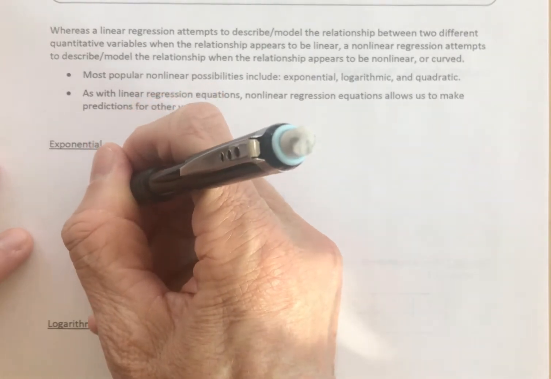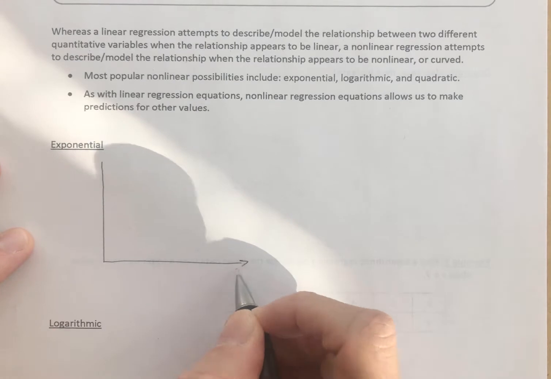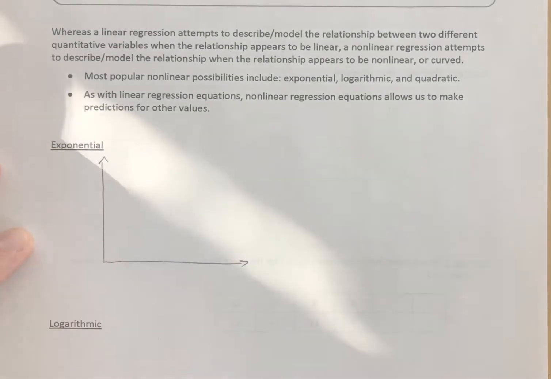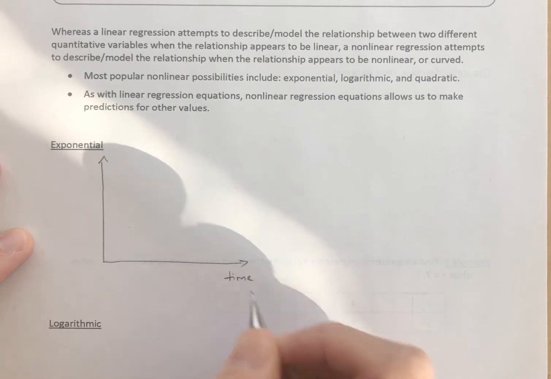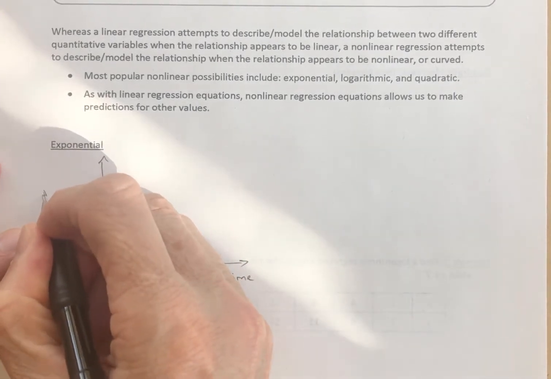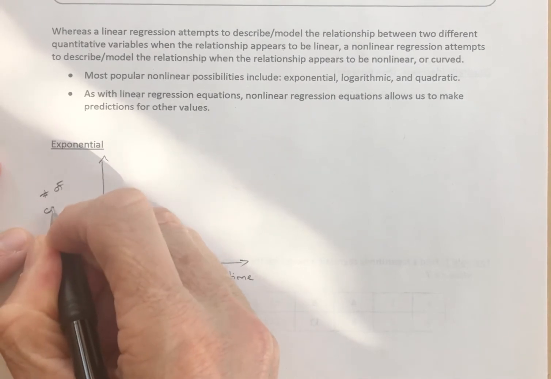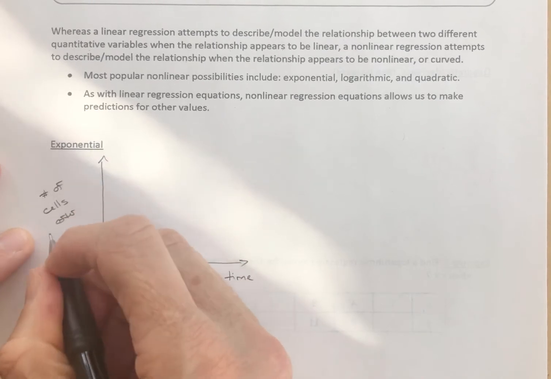A good example of exponential growth, and again, I'll just make a quick first quadrant, and the x-axis is going to be time. It'll be time for all of these examples, and the y-axis is going to be number of cells after conception.